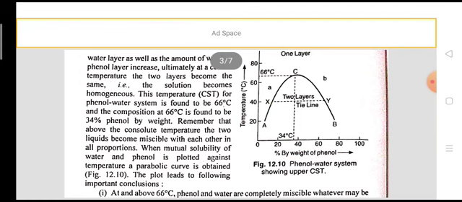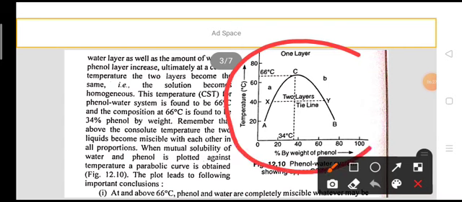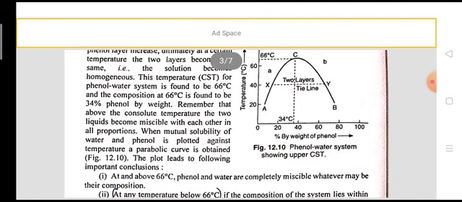When the mutual solubility of water and phenol is plotted against the temperature, a parabolic curve is obtained. At and above 66 degrees centigrade, phenol and water are completely miscible, whatever may be their composition.